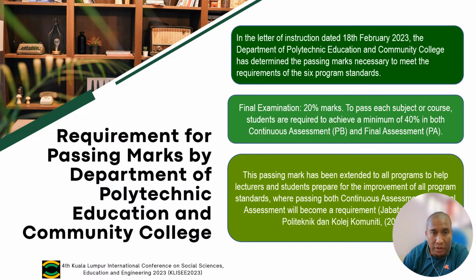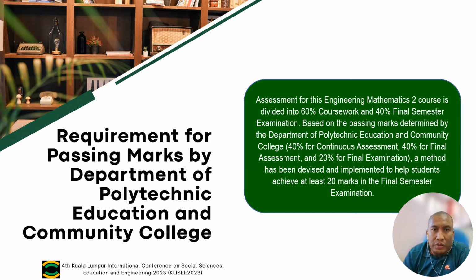Assessment for this engineering mathematics course is divided into 60% coursework and 40% final semester examination based on the passing mark determined by the Department of Polytechnic Education and College Community. 40% for continuous assessment and 40% for final assessment, and another 20% for final examination. A method has been devised and implemented to help students achieve at least 20 marks in the final semester examination.